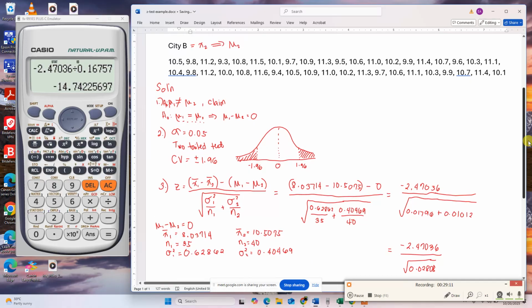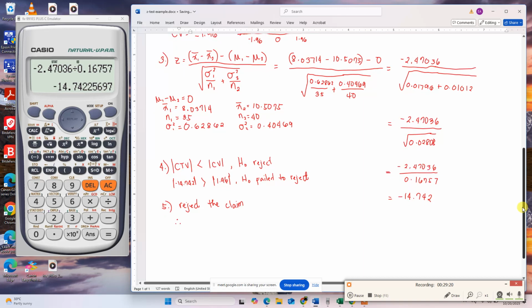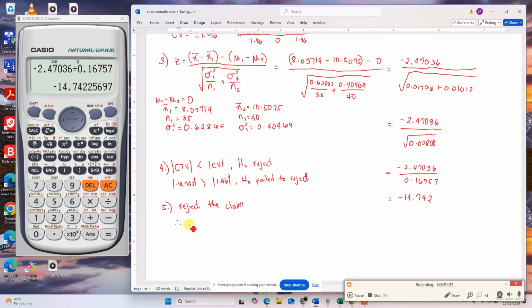According to the problem, the response time have changed. It implies that after the use of the GPS, the response time changed.